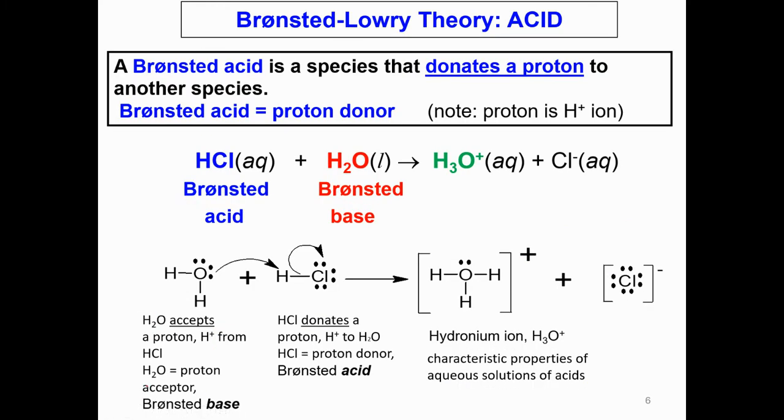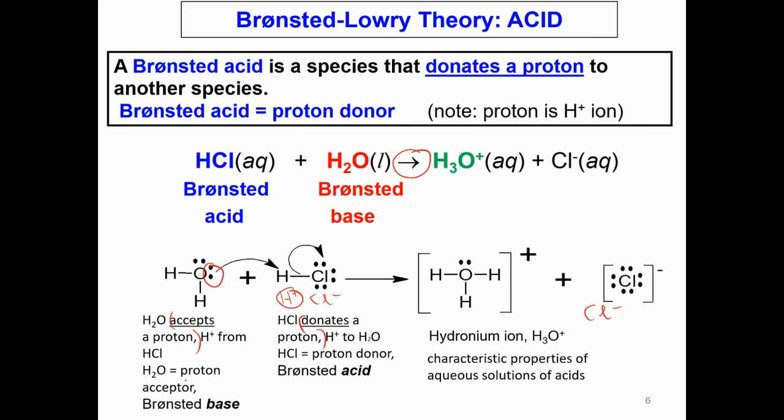Now let's look at another one which reacts with water. HCl, we know that it is a strong acid. We just want to know whether water is a base or an acid in this case. Let us have a look at the equation. What happens to HCl is that only Cl- is left, meaning that it donates a proton to H2O, and H2O accepts a proton from HCl.